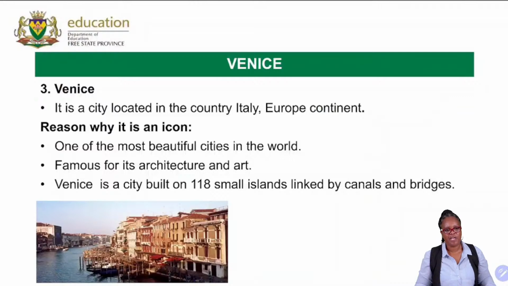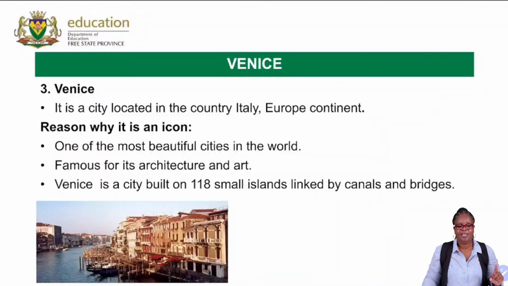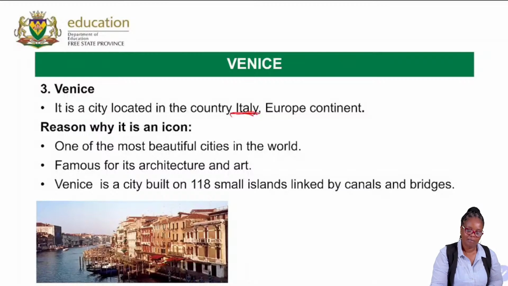So now we're having Venice. You need to know which category it falls into. That's your homework. This is a city itself, Venice. It is located in the country of Italy, and Europe is the continent.